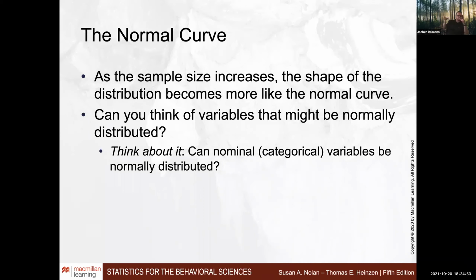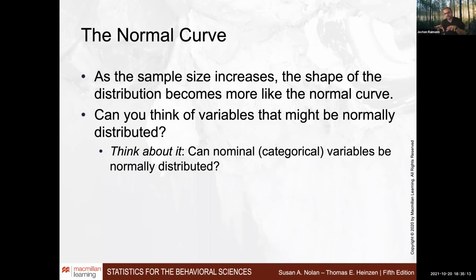Essentially, this is not a normal distribution, right? It's not a continuous variable. It's defined as integer response categories that are essentially ordinal in nature. So there's no room for normal distribution. As per definition, there can be no normal distribution with categorical variables.